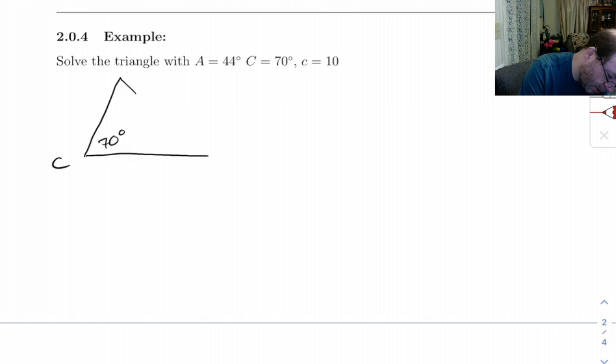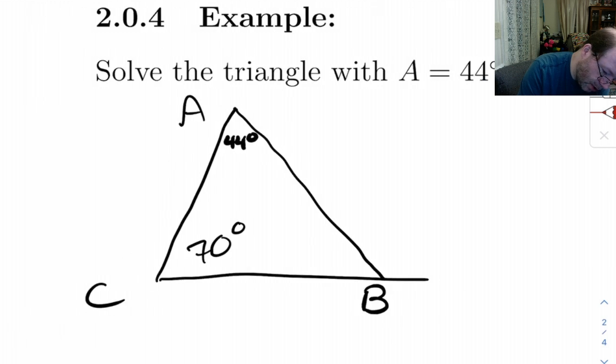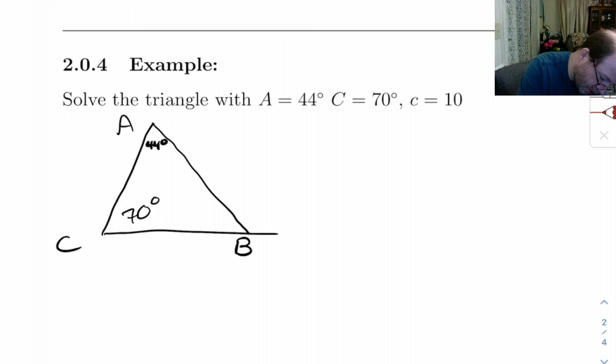A is 44 degrees. Let me pull that out and write it legibly. Ah, I lost my triangle. So B is unknown. And little c over here is 10. We have to come up with little a and little b.